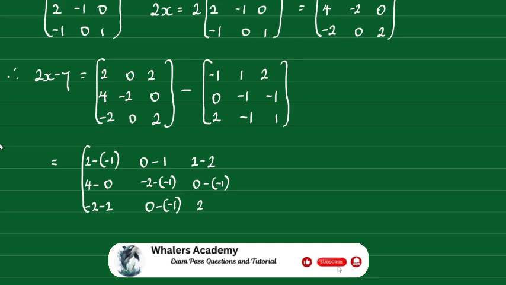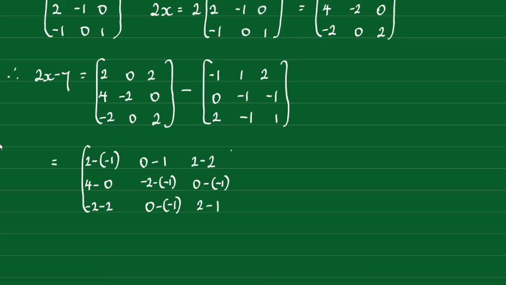Lastly, we have 2 minus 1, or close within our bracket.